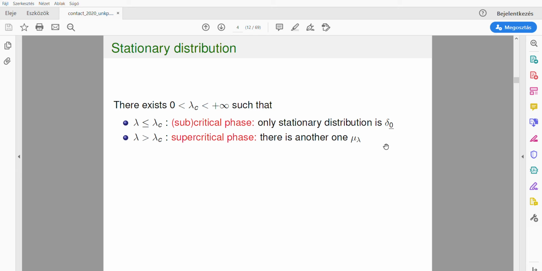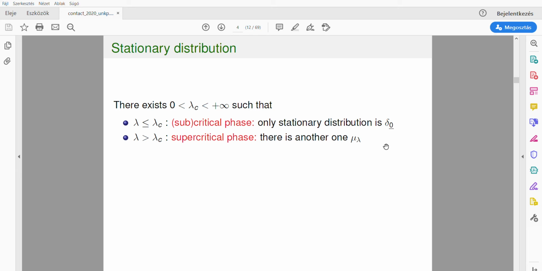There's a theorem that some sort of phase transition occurs. There exists a positive but finite threshold, the critical infection parameter lambda_c, such that if lambda is less than or equal to lambda_c, then the infection dies out.